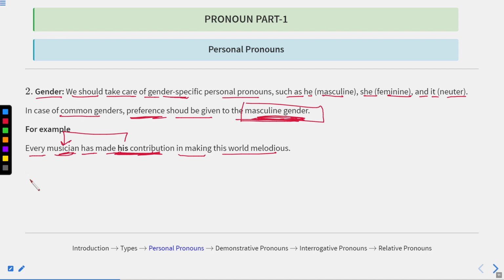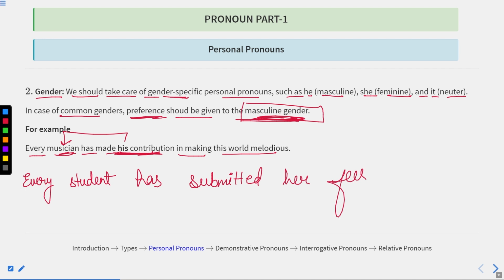For example, if I say every student has submitted her fees. Now, is the sentence correct? What do you think? No, not at all. The sentence is incorrect. And how to rectify this?